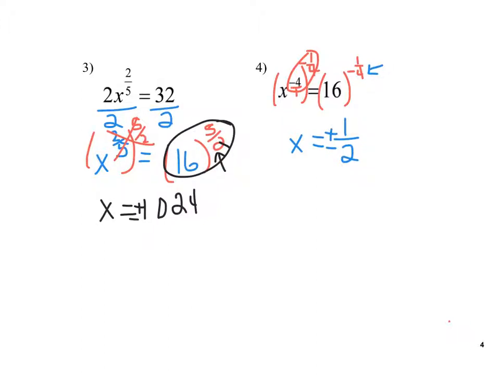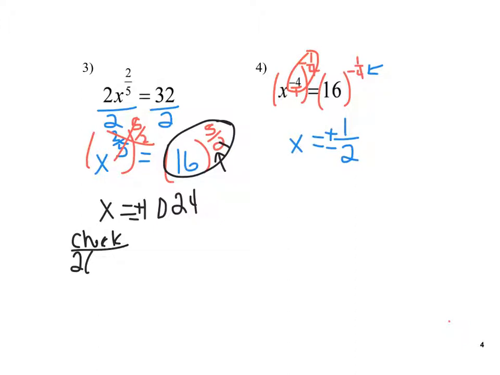Okay? All right, for these, I did forget, so let's put the check back in here. So we should always check in the original. So I'm checking. For this one, I should have checked both 1,024 and negative 1,024.